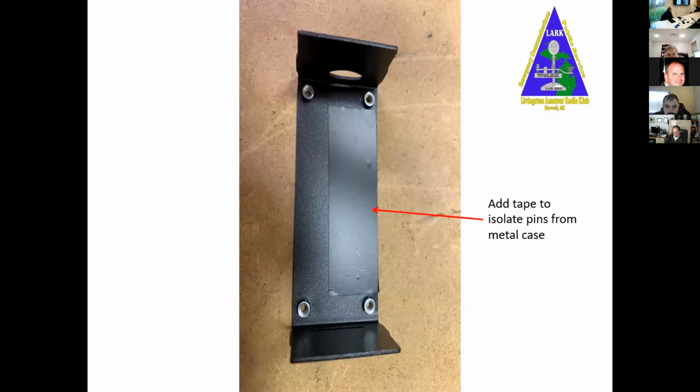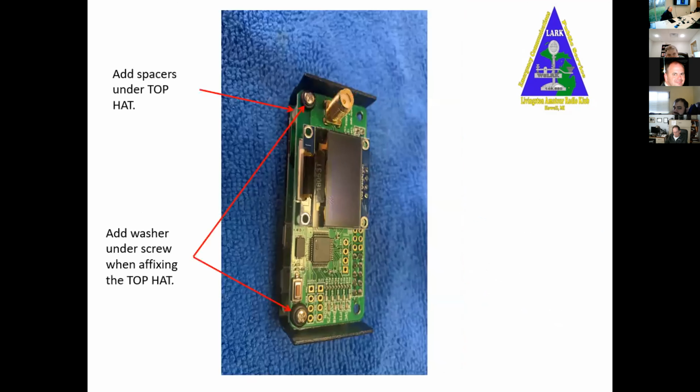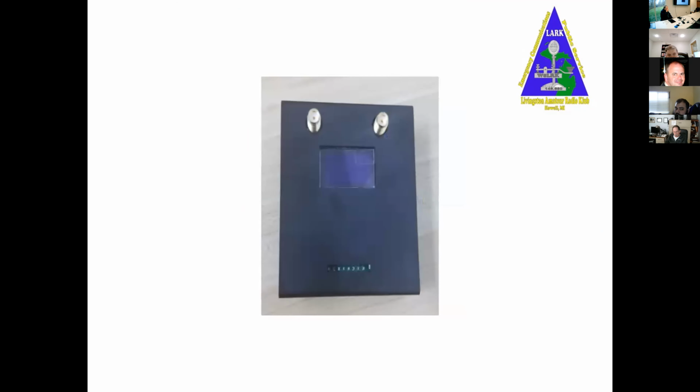You put a little piece of tape on the bottom just for peace of mind. You screw in the board. You put a little space. This is the actual top hat. You screw the top hat on, and then you put the cover on. That happens to be the hotspot that doesn't match that one, but that's okay.